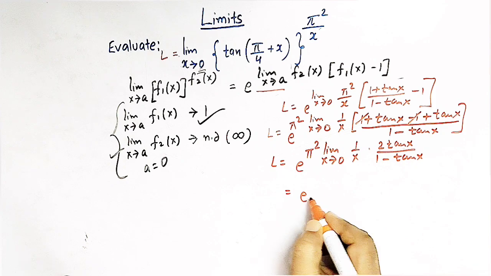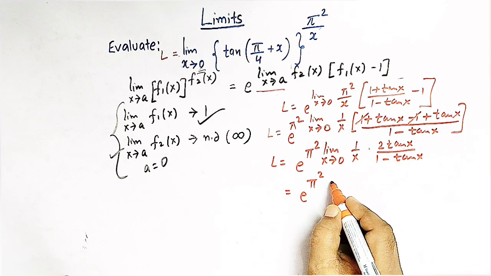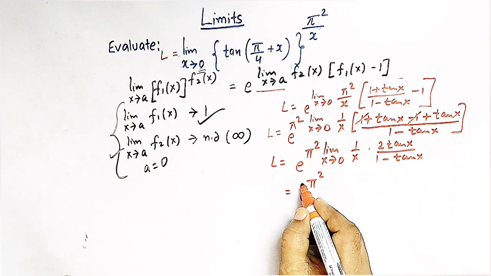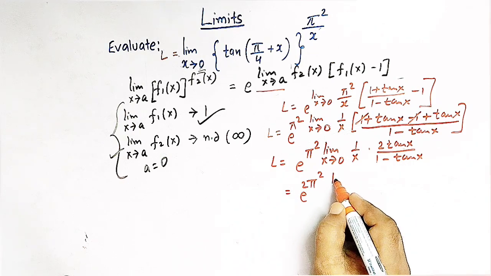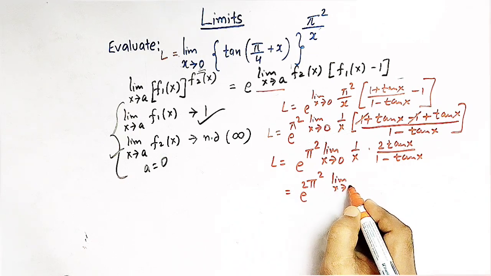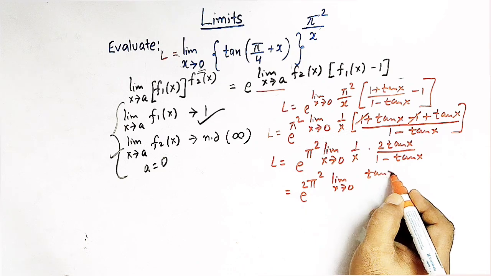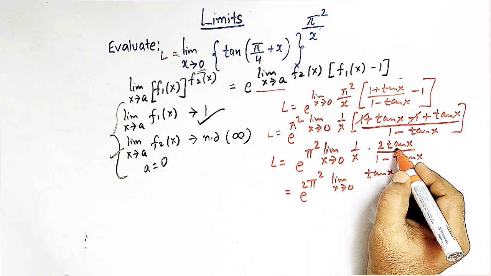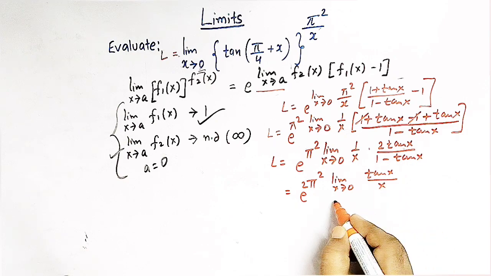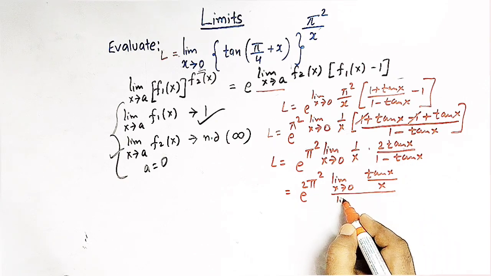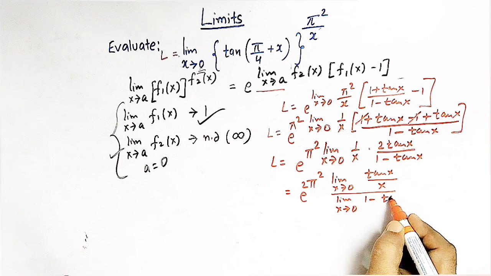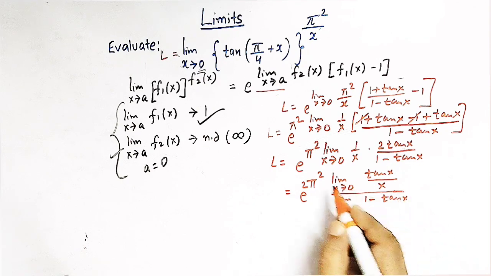So we can now write e raised to pi square, and we can take this 2 over here, and we have limit x tends to 0 of tan x, and we can take this x in the denominator of tan x, and here we have limit x tends to 0 and 1 minus tan x.